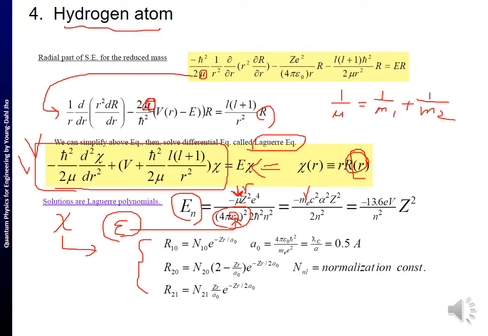Z is the atomic number. Hydrogen has the atomic number of 1, right? Helium has 2. So you can apply this idea to different atoms too. So at least for a hydrogen atom, you can set Z to be 1.